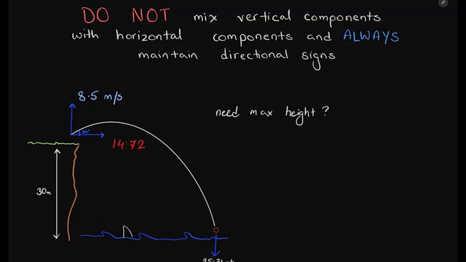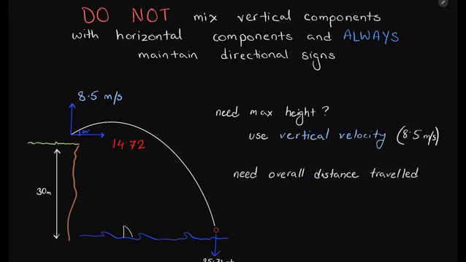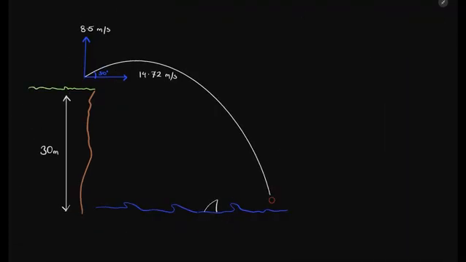Do you need to find the maximum height? Use vertical velocity. Do you need to find the distance traveled? Use horizontal velocity. Always use vertical components for vertical calculations and horizontal components for horizontal calculations. Now let's say the question asks for the range of the projectile, or how far did the ball travel?